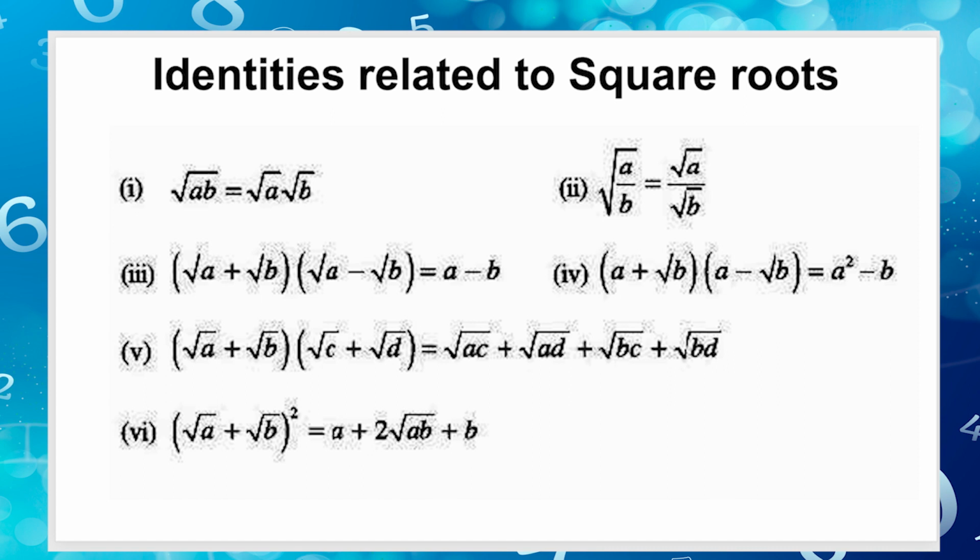Fifth one, root A plus root B into root C plus root D equals root AC plus root AD plus root BC plus root BD. Now, the last one, that is root A plus root B whole square equals A plus 2 root AB plus B. These are very useful in various ways.